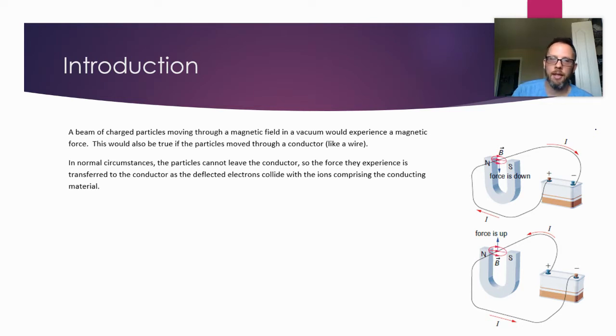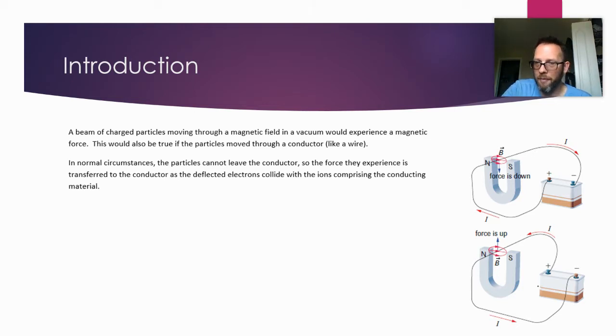Because those charged particles are contained within the wire, they can't fly out through the insulation, so the wire itself experiences a force. It's not because of the material the wire is made of, like the plastic coating on the outside, but because the particles inside experience a force and can't leave, so the wire experiences a force. That's our starting point.